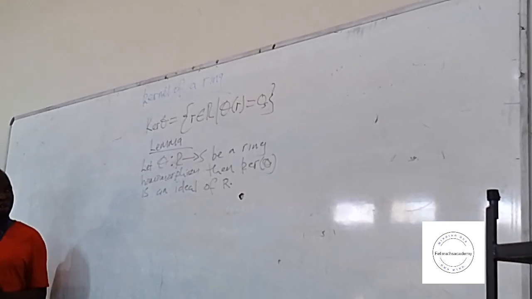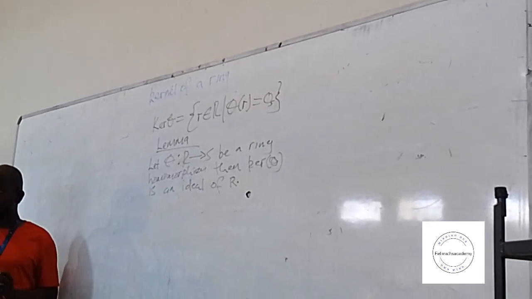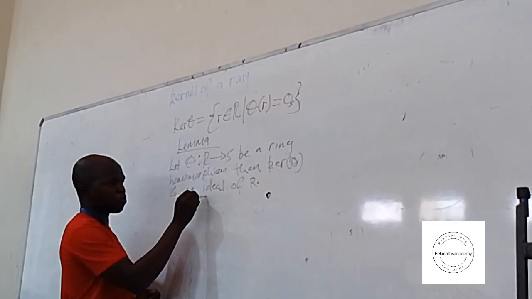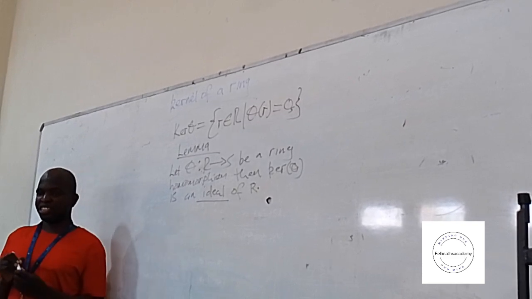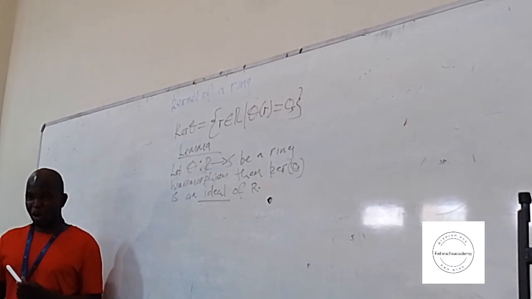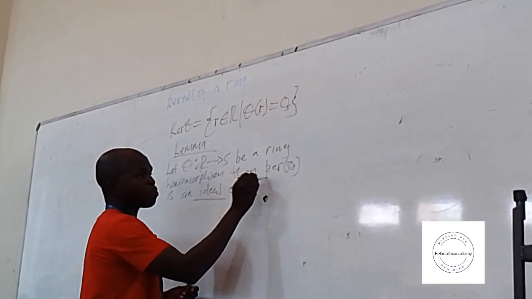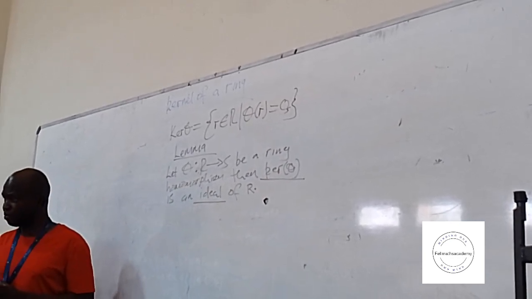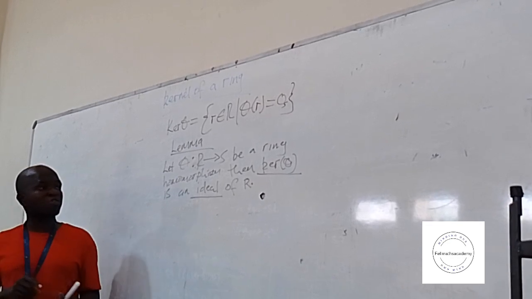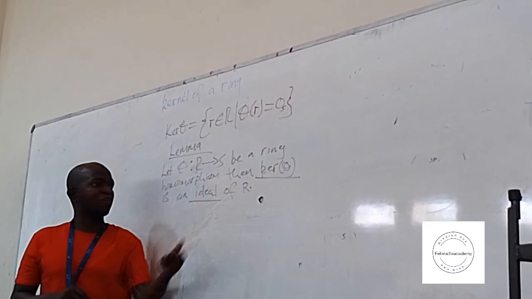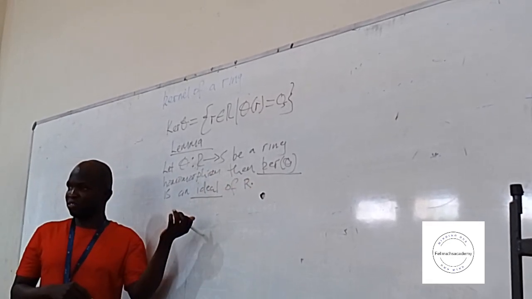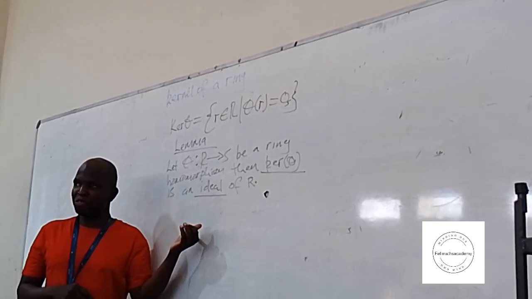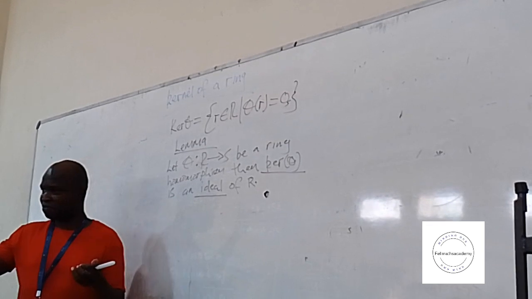So, we want to know our destination. What is our destination? We want to prove an ideal. What should we know? We should know about the properties of the kernel of a ring homomorphism, and we want to prove whether this kernel is an ideal. Remember the properties of an ideal. We have three of them.